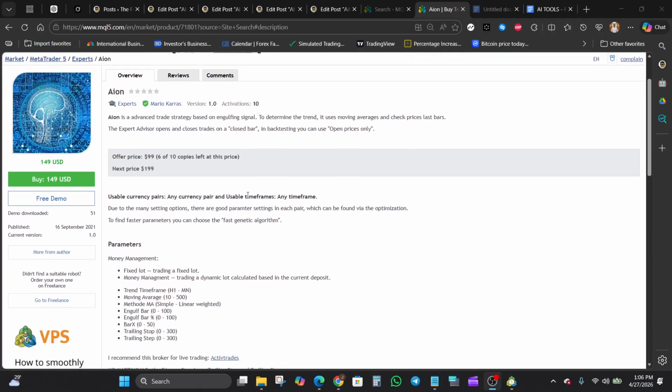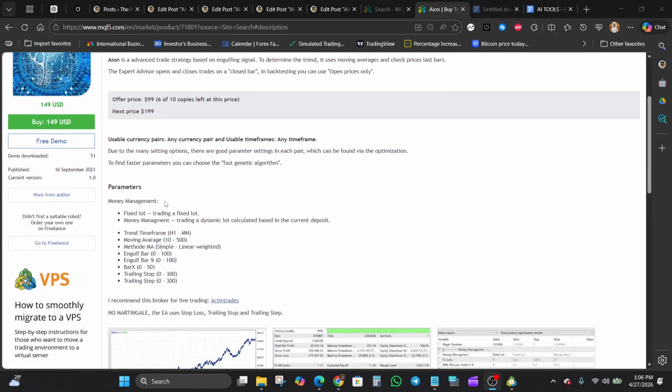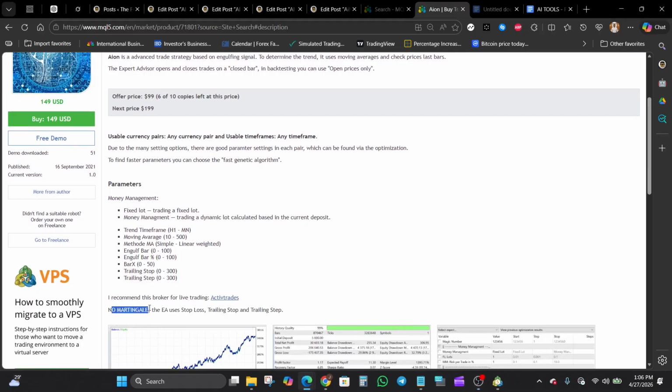Before I go deeper, one important thing I like is that this EA does not use martingale. It relies on proper risk controls like stop loss, trailing stop, and trailing step. That alone already changes how I approach the testing.